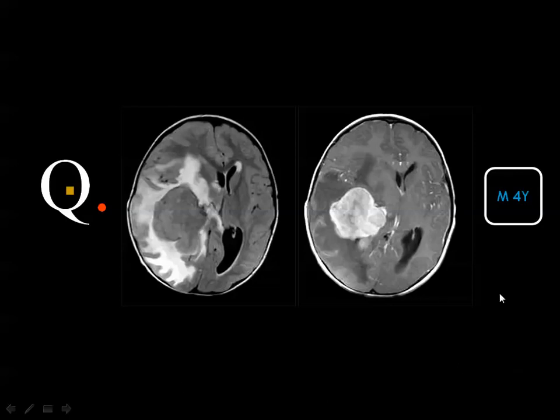Yes, axial brain MRI, FLAIR, and contrast enhanced T1 weighted image. Yes, large space occupying lesion, strongly enhancing. The glioblastoma would show heterogeneous enhancement. Meningioma is rare in the pediatric age group.